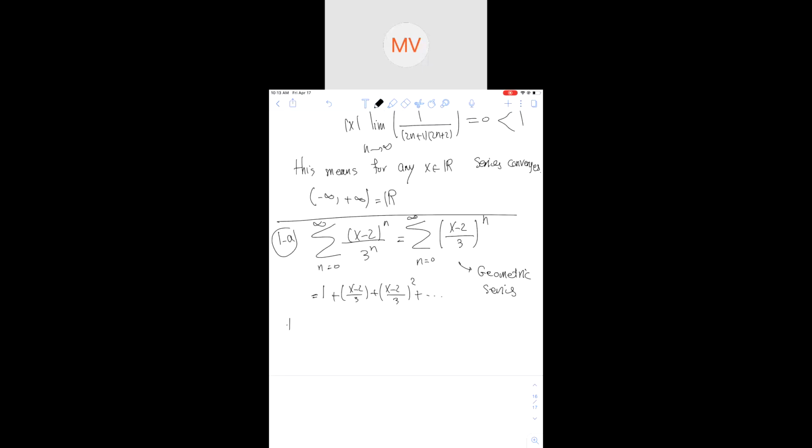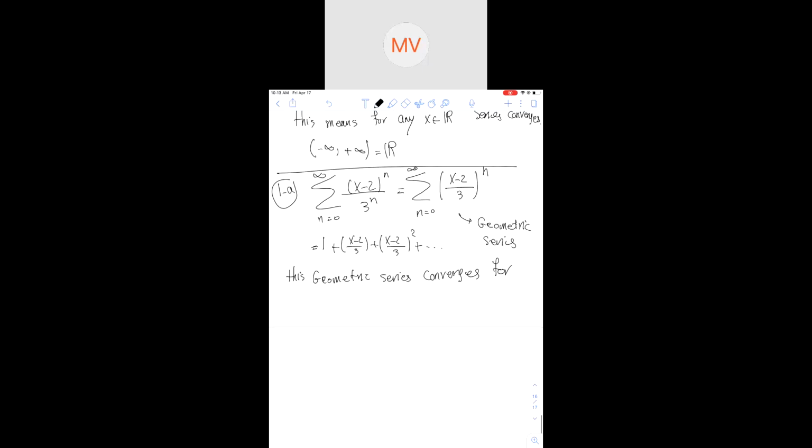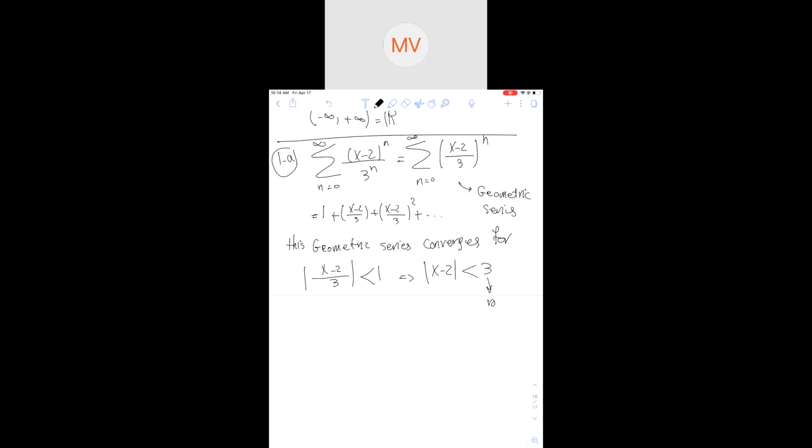Now, when does this geometric series converge? For those x's for which this ratio is strictly less than 1. And then you solve for x. So absolute value of x minus 2 is less than 3. In fact, this is the radius of convergence.